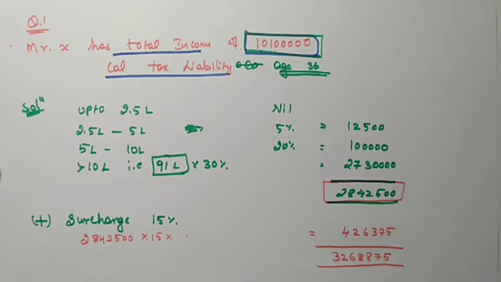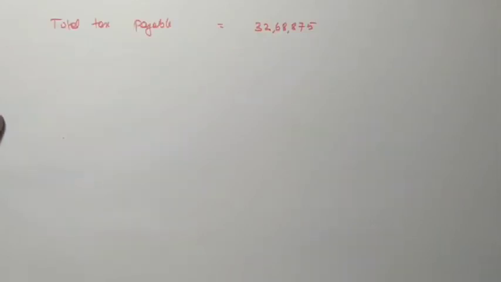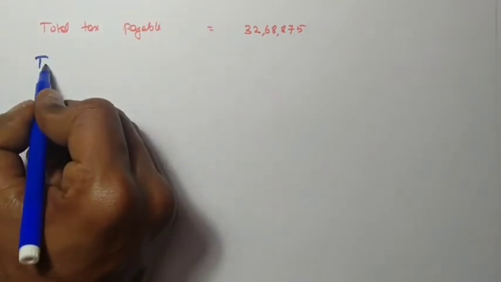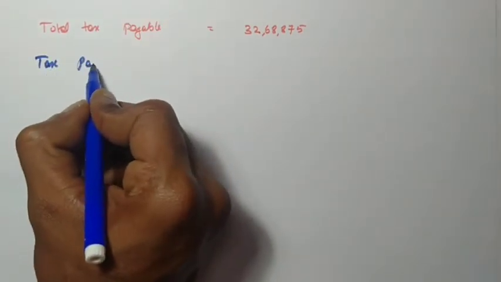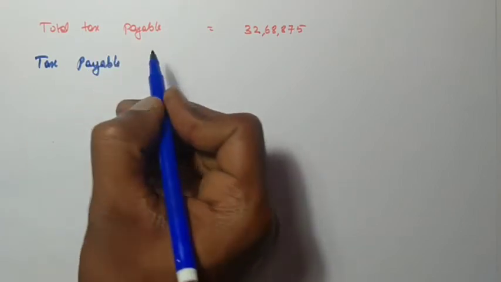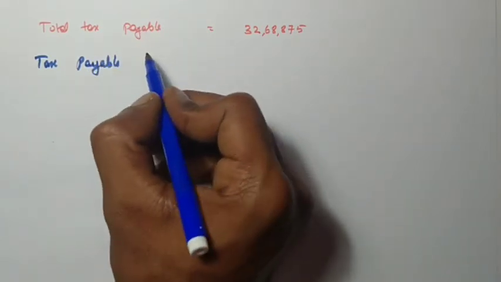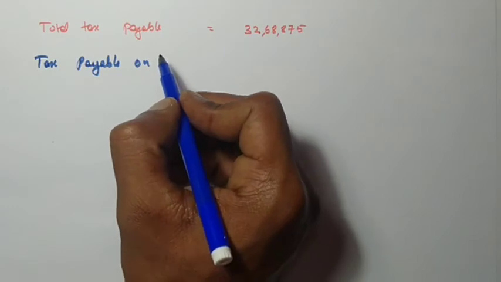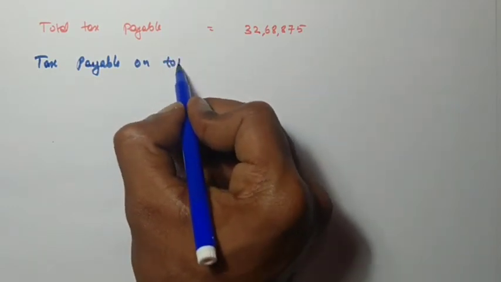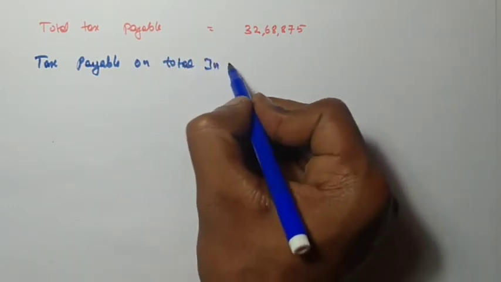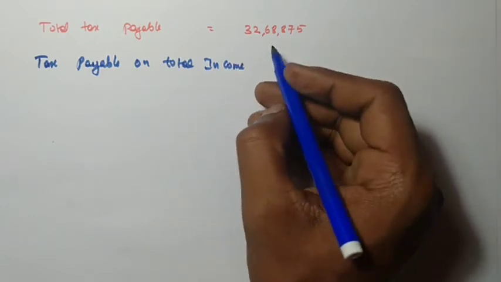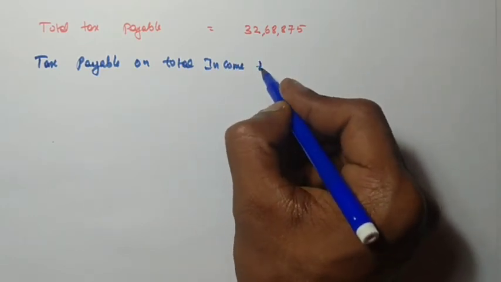So total tax liability is 32,68,875. So next we should calculate total tax on only 1 crore. Tax payable on total income of rupees 1 crore.